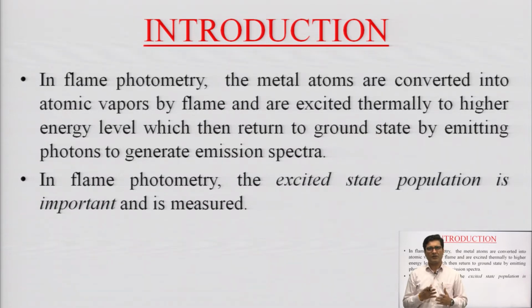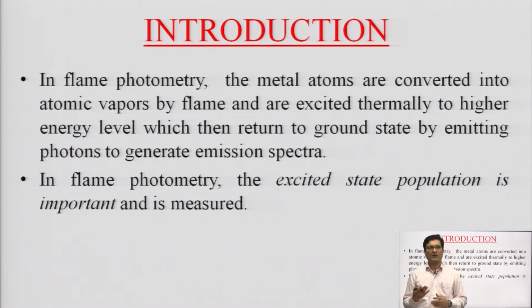Several methods are available to cause vaporization: some are flame methods, and some are non-flame methods, which mainly include plasma sources, ICPs, etc. Here we will focus our discussion on the flame. That is why it is called flame photometry.